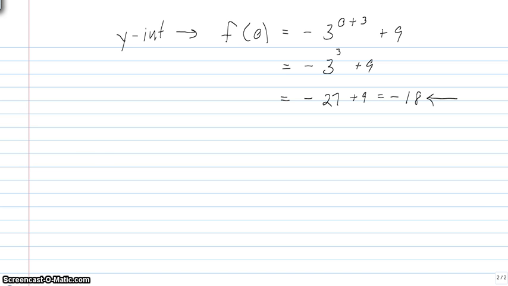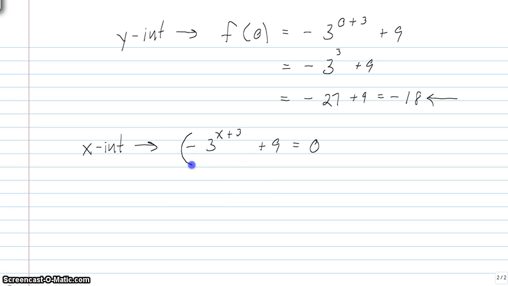So let's see what happens when I try to find the x-intercept of the graph. We do that by taking the function and setting it equal to 0. Now what we're going to try to do is get the same base on both sides, or you could use logarithms to solve this, but you don't need logarithms in this case.